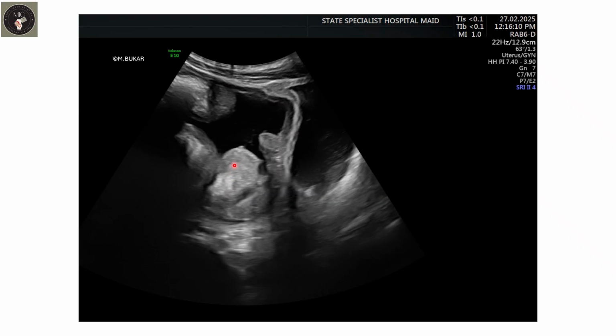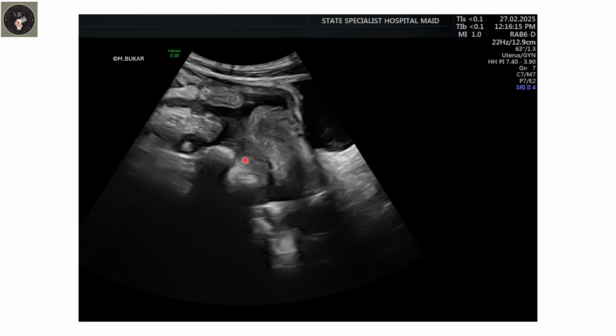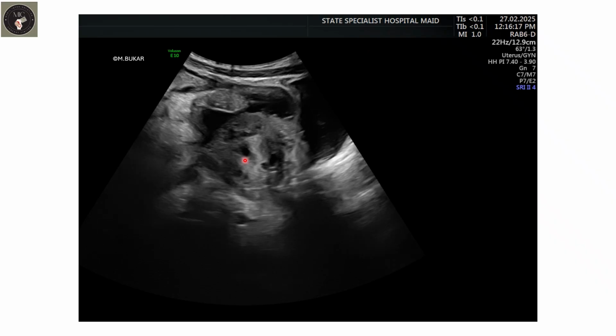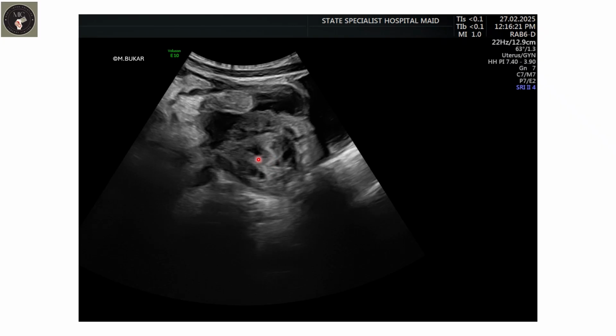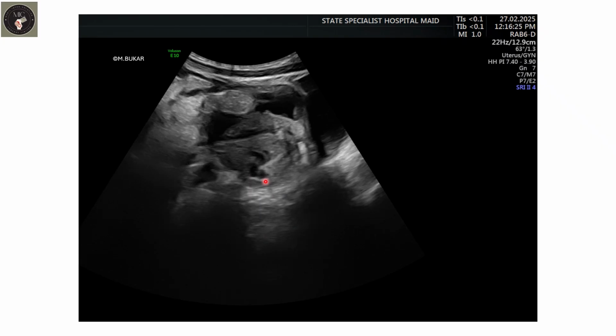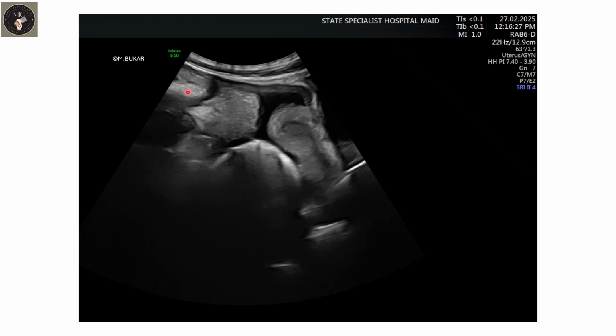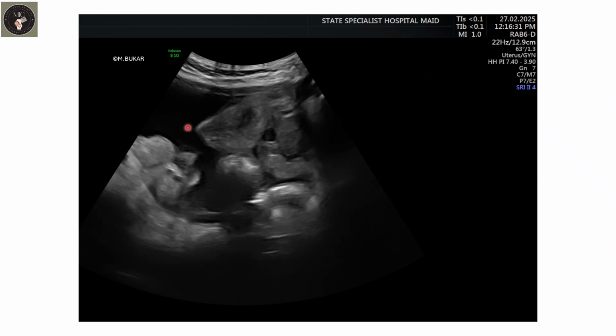Here is the fallopian tube on the right side. Also note that it's thickened. This is the ovary with multiple follicles. Again, this is the bowel here, omentum there, the ascites.